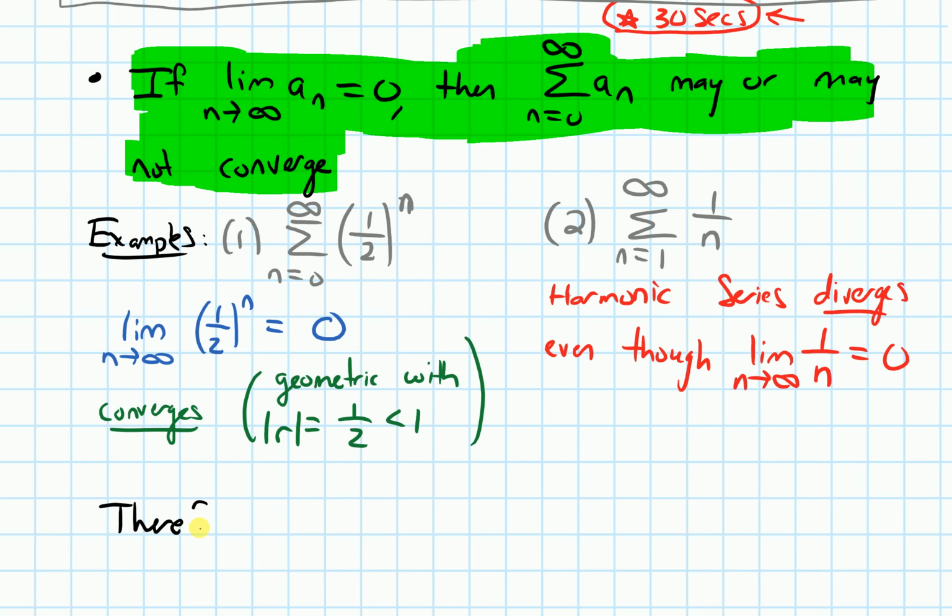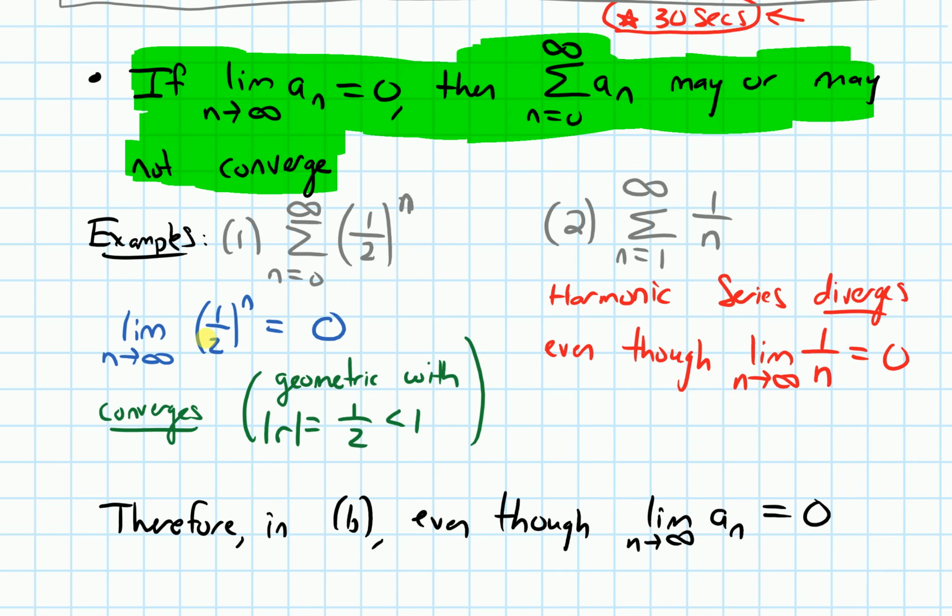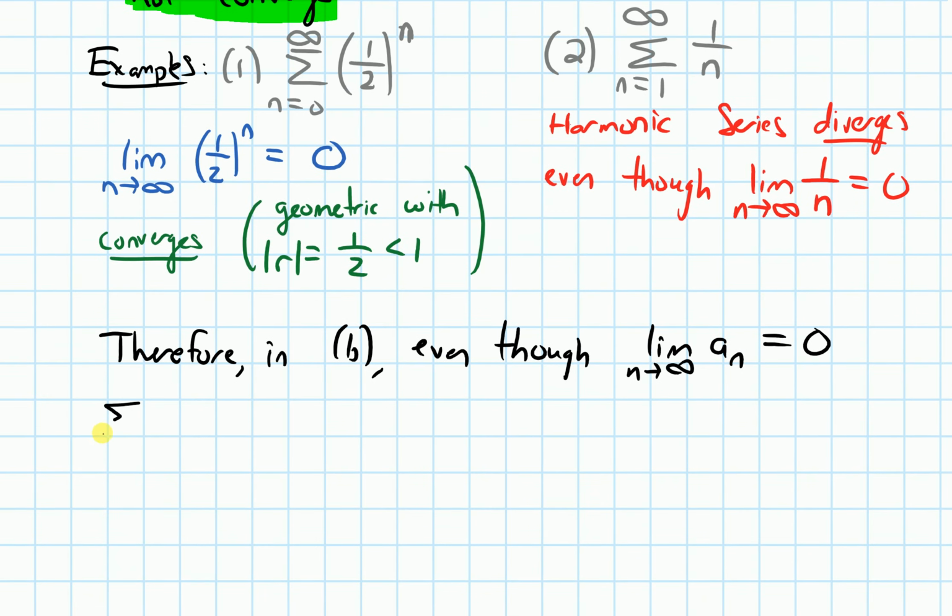So therefore, in part B, even though the limit as n goes to infinity of a sub n equals 0, the series from 1 to infinity of a sub n might still diverge. So I should be able to justify why with an example.